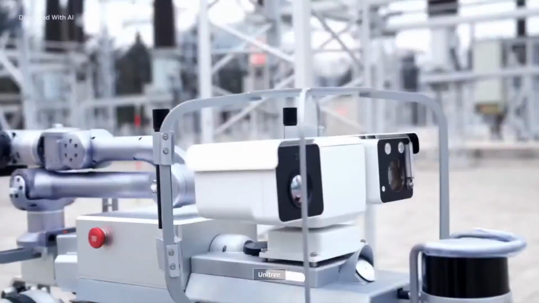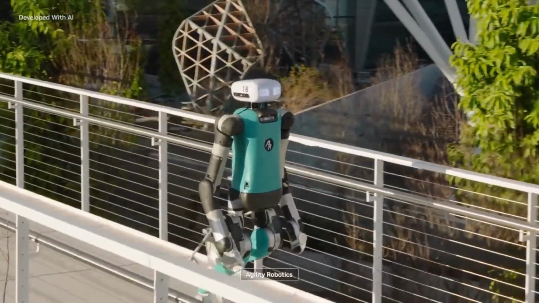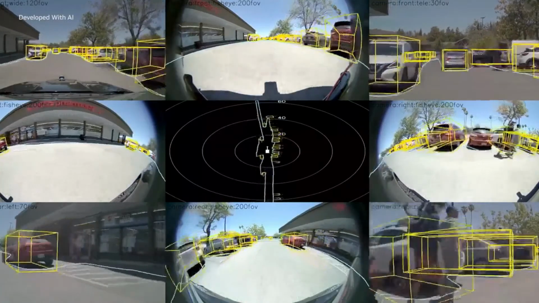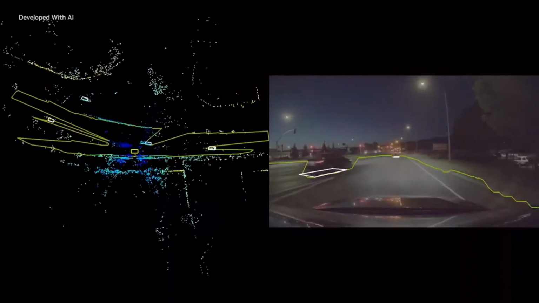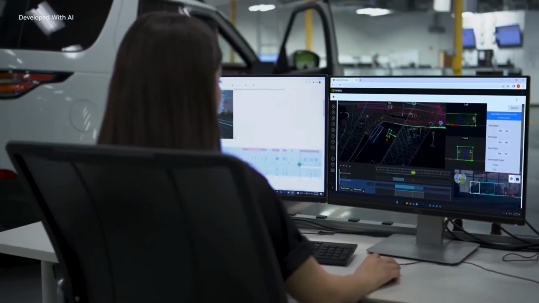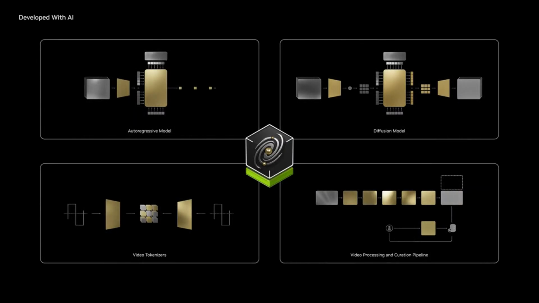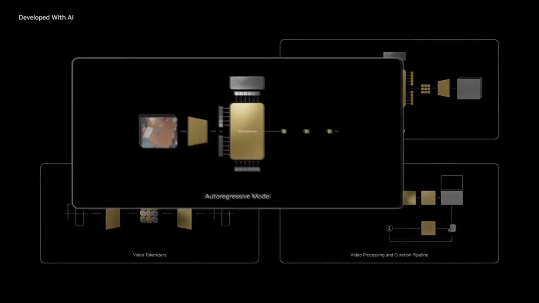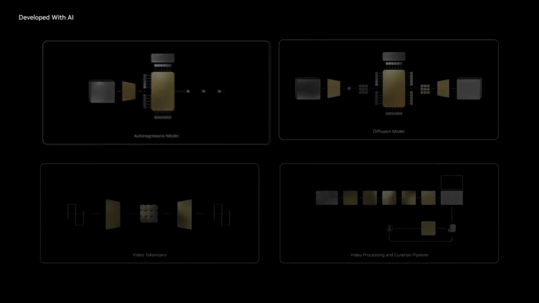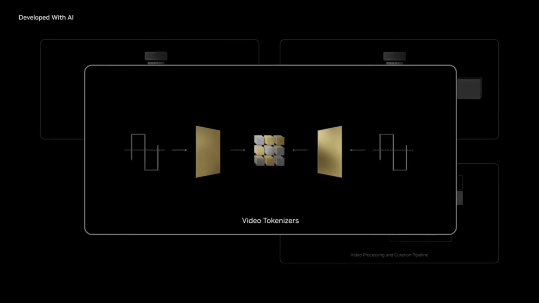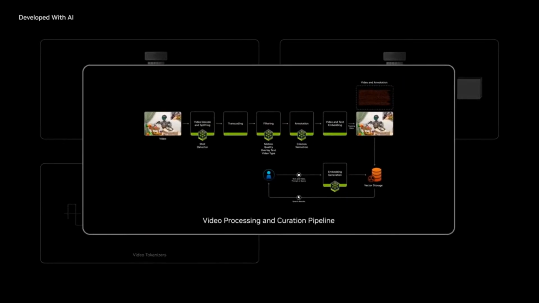The next frontier of AI is physical AI. Model performance is directly related to data availability, but physical world data is costly to capture, curate, and label. NVIDIA Cosmos is a world foundation model development platform to advance physical AI. It includes auto-regressive world foundation models, diffusion-based world foundation models, advanced tokenizers, and an NVIDIA CUDA and AI-accelerated data pipeline.